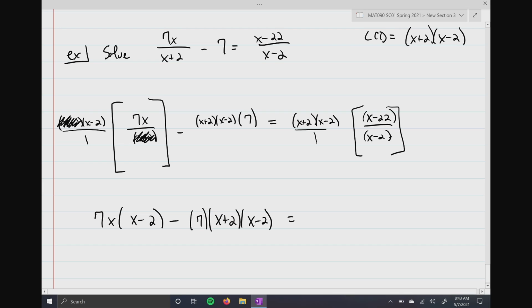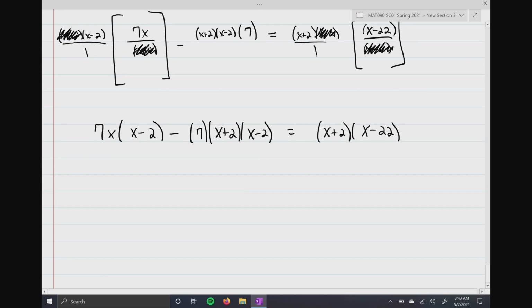So I see the x minus 2 in the numerator, x minus 2 in the denominator. So I know they reduce. And I get x plus 2 times the quantity x minus 22. So in the first step, I did exactly what I needed to do, which is reduce all denominators.